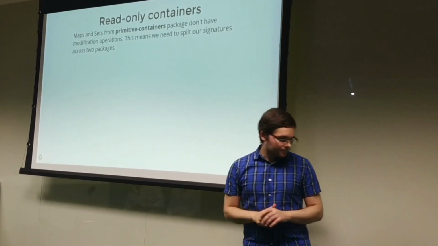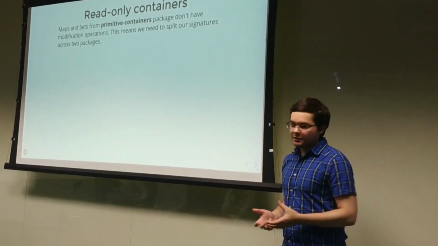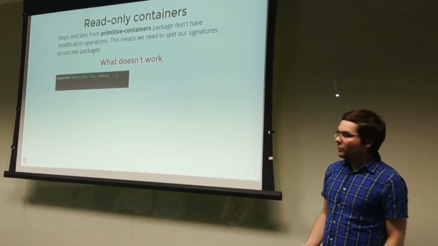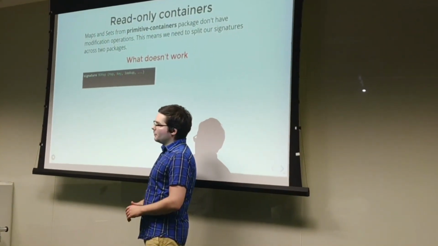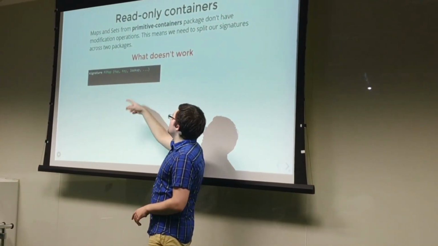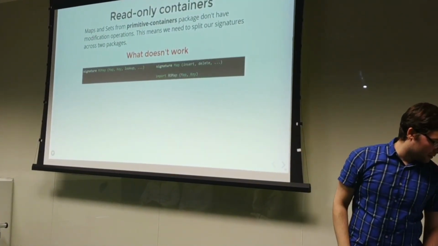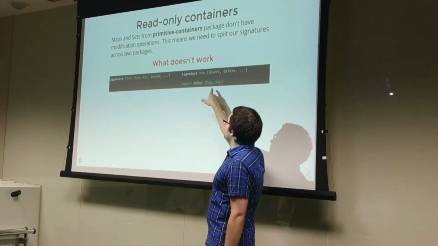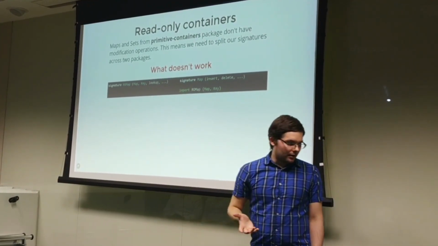So this is what I did, but before I came to the proper solution, I tried the wrong one, and I want to tell you what doesn't work. What doesn't work is this: you have a signature called RawMap for a read-only map, where you have the data type, the key, and all query operations. And if you try to write a signature Map that just imports RawMap and uses the same types, like key, but adds other functions, this won't work.